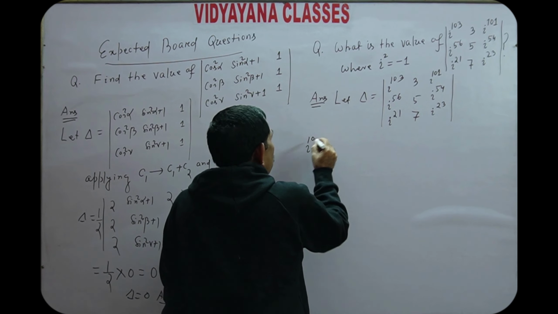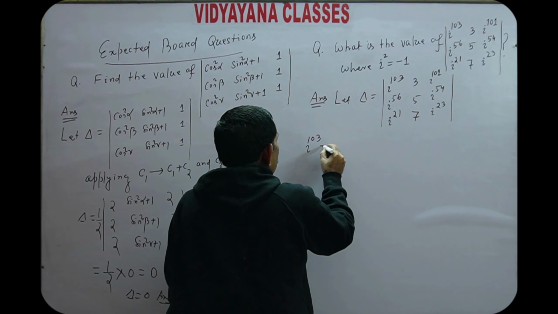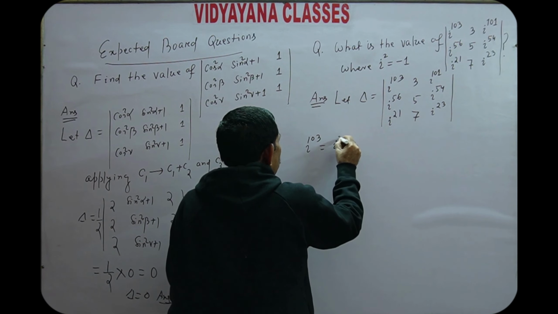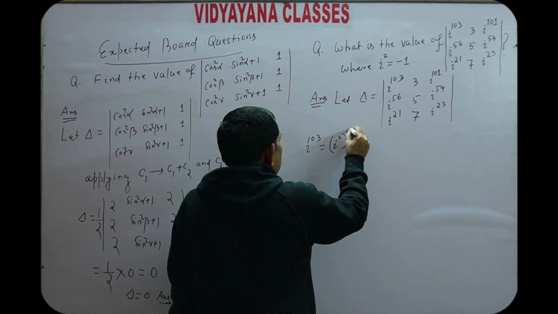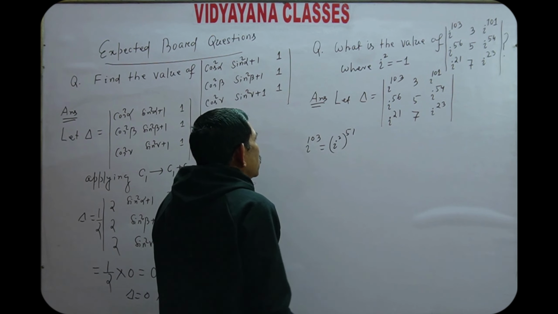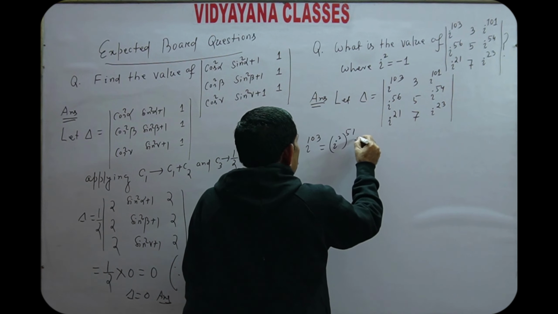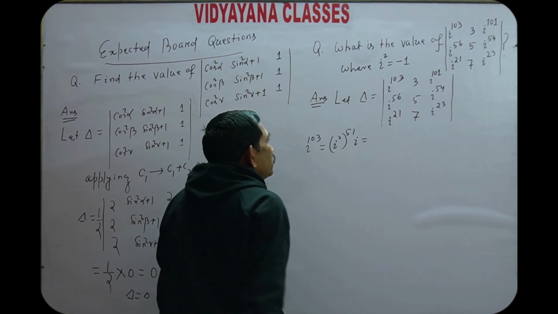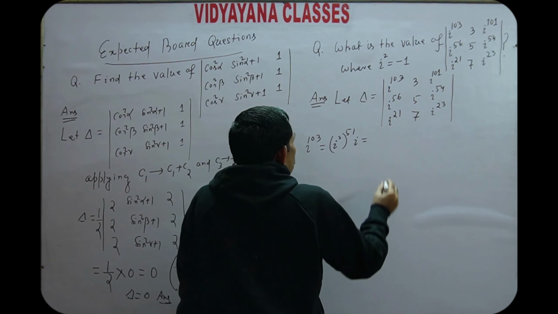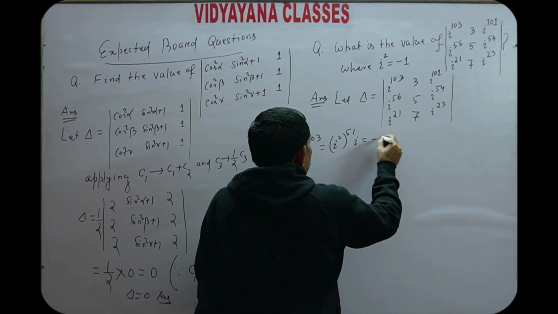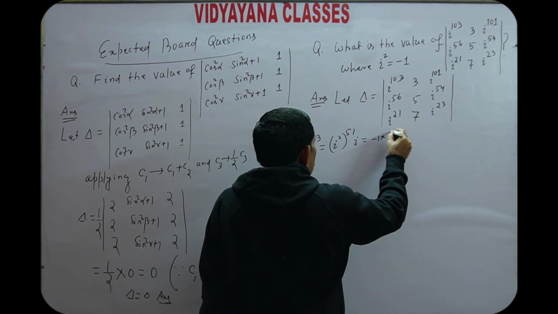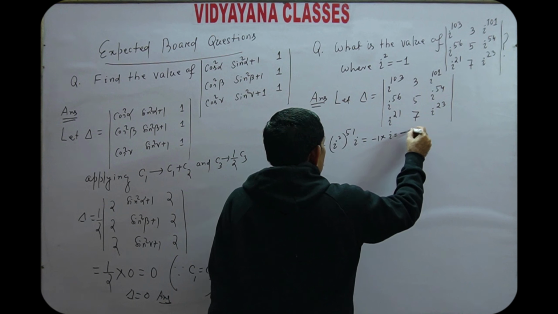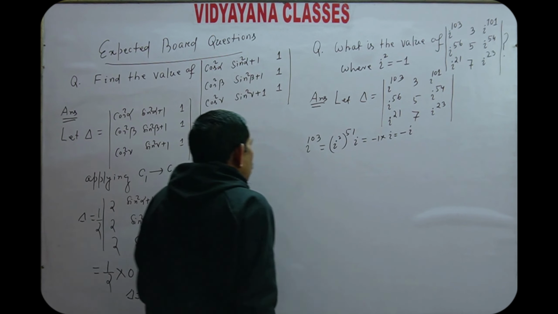Iota to the power 103, which is equal to iota square 51 into iota, which is equal to minus 1 into iota, which is equal to minus of iota.